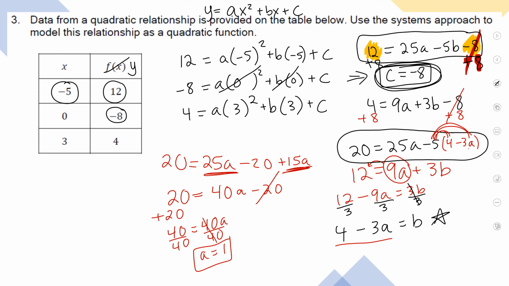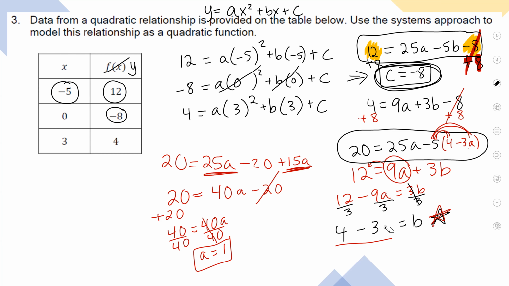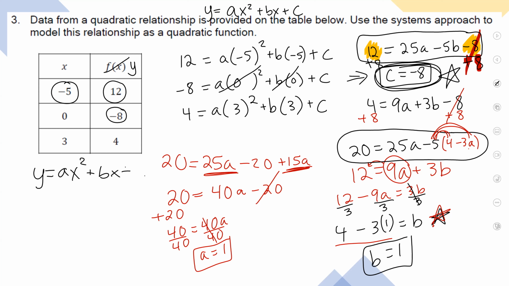Okay, now this is what I'm going to use to find B. So I'm going to erase this A down here and plug in a 1 now. What's 4 minus 3? 1, so B is also just 1. And we already know what C is from the beginning. So I have A, B, and C now. So my standard equation, remember, standard form is y equals ax squared plus bx plus c.